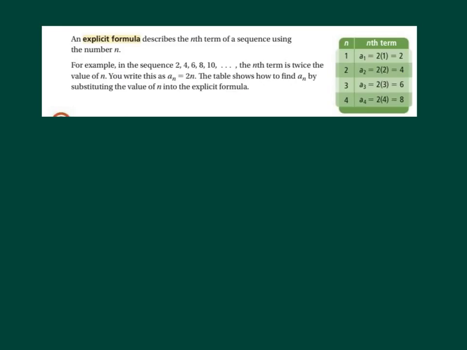Then here, we have what is called an explicit formula. So they have this sequence, 2, 4, 6, 8, 10. The nth term is twice the value of n. So an explicit formula, we want to write a formula for the nth term of a sequence. And the term here is going to be given by 2 times n.